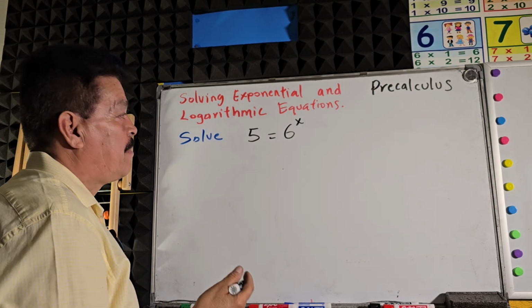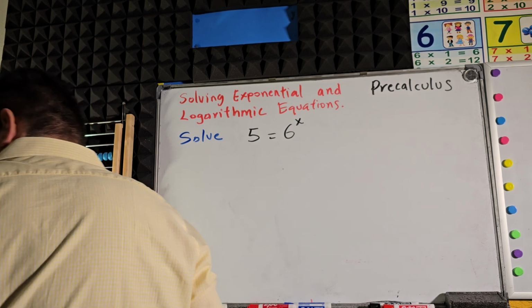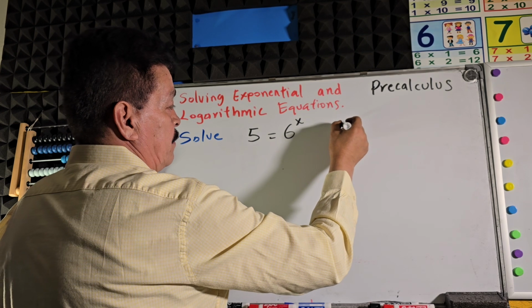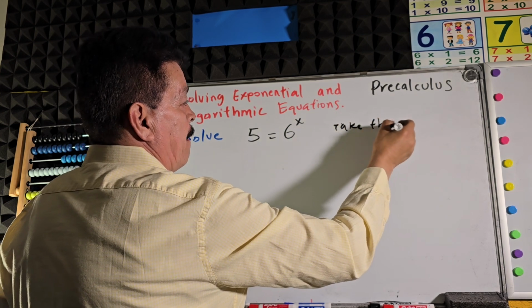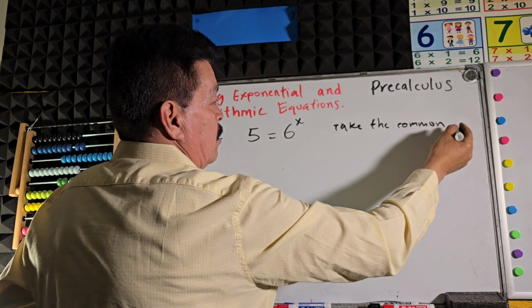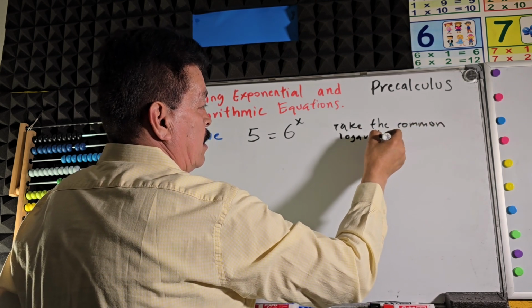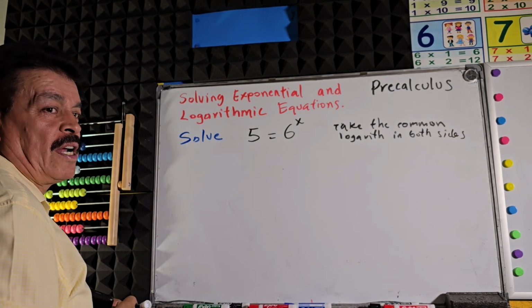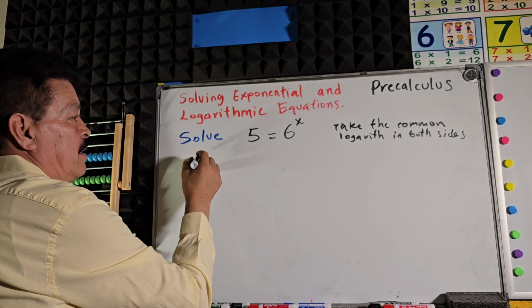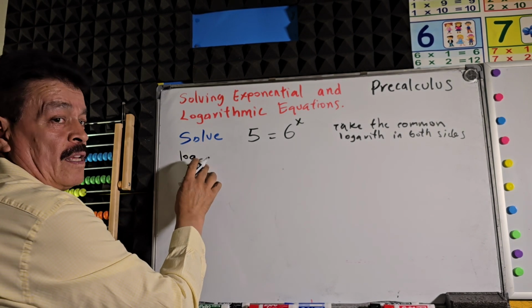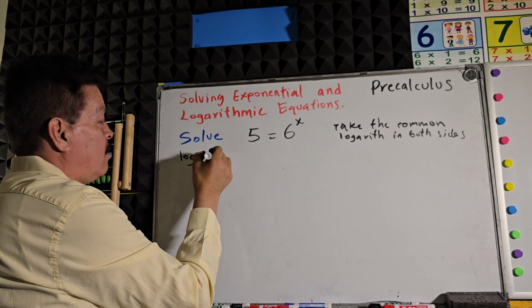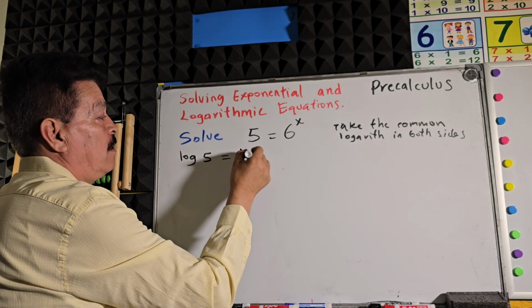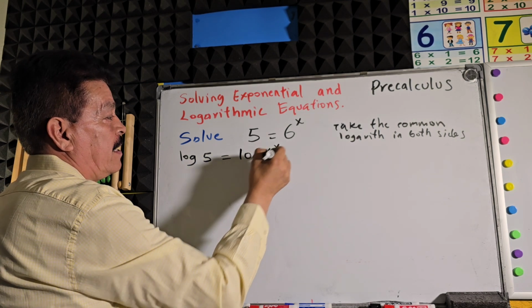So now remember, we have to take the common logarithm in both sides. Then write log 5 equals log 6 to the x.